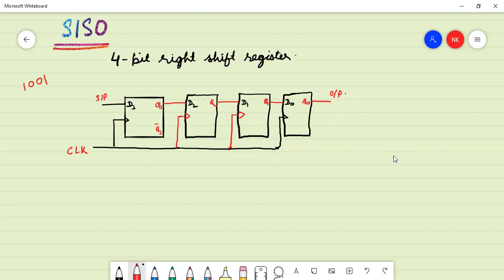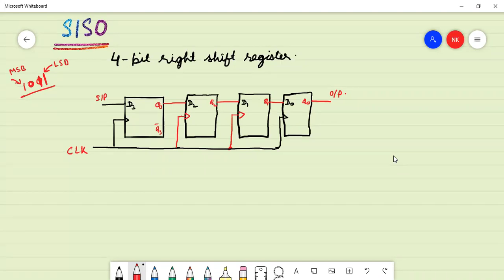Or instead of this, let us take this data 1, 0, 1, 1. Okay, so in this case we know that this is the LSB and this is the MSB.